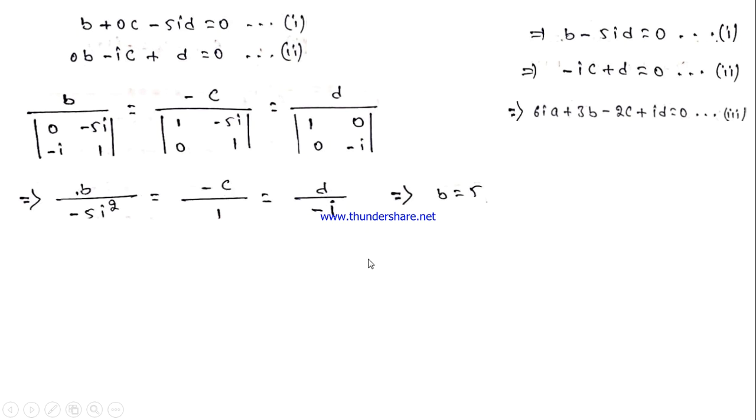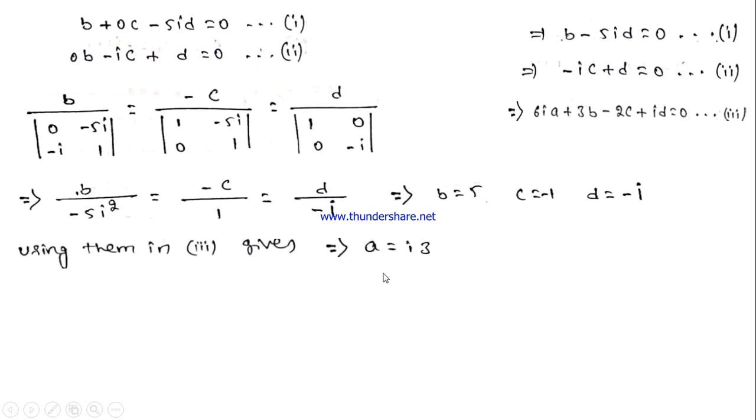So minus c by 1 gives c equal to minus 1, d by minus i just gives d equal to minus i. Use these three unknowns in equation number 3 to find the value of a. In this problem it will be 3i. And substitute this 3i back in w, that will give w equal to 3iz plus 5 divided by minus z minus i. This is the required bilinear transformation for us.